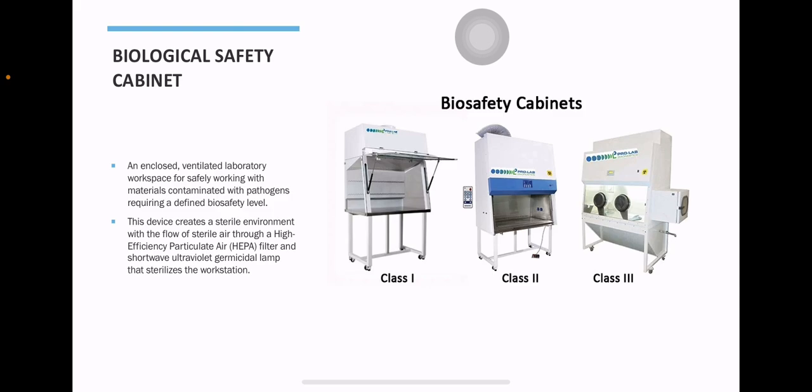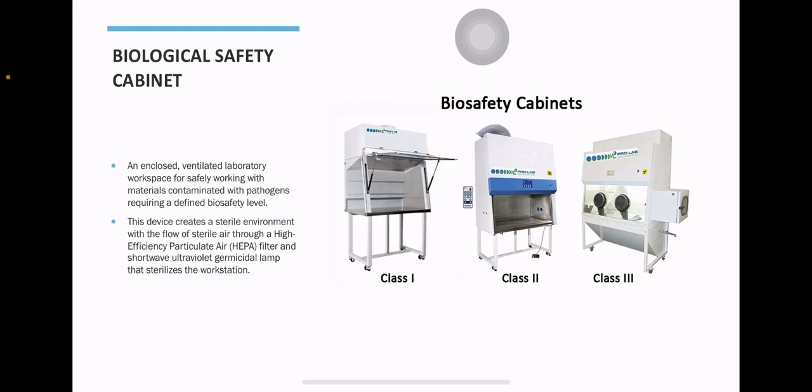So we have three types of biosafety cabinets. We have class 1, class 2, and class 3. For class 1 biosafety cabinets, it protects the personnel and the environment. It has no product protection. Okay, so please remember that.